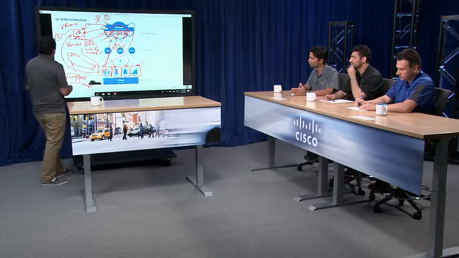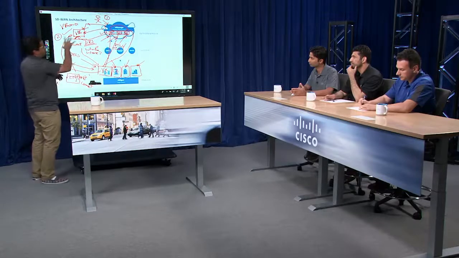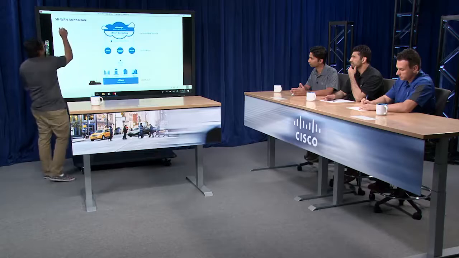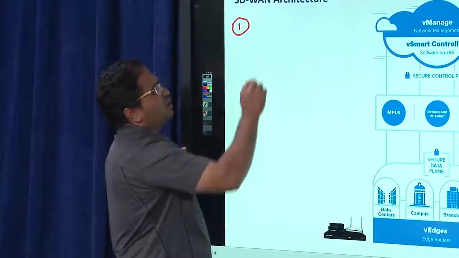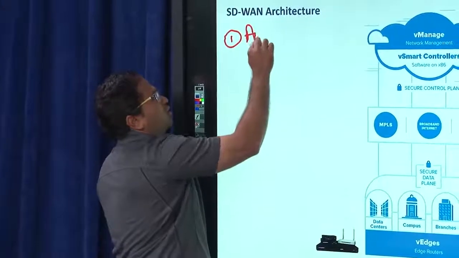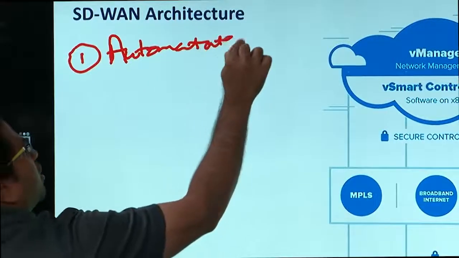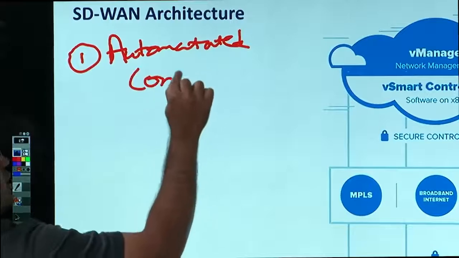So what this means for the customer, and I'll recap the steps. Number 1, completely automated controller bring up.